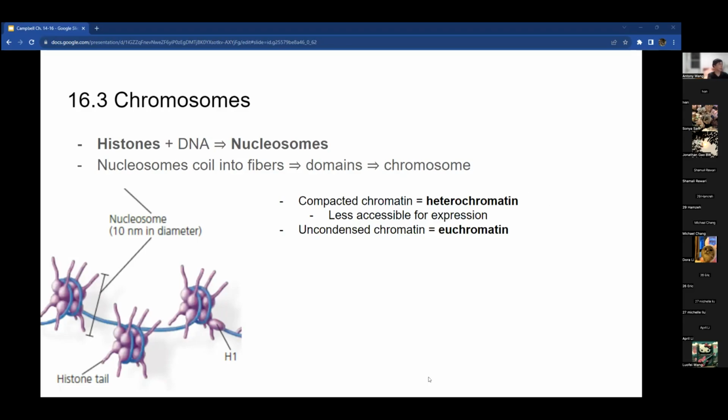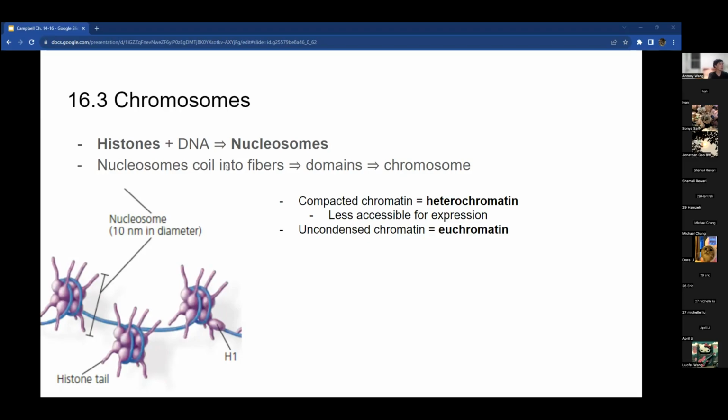One fun fact about histones is that they generally have the amino acids arginine and lysine because these are positively charged amino acids. DNA is negatively charged, so by containing positive charges, it'll more easily attract the DNA and bind to it.